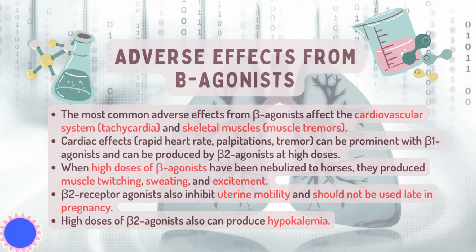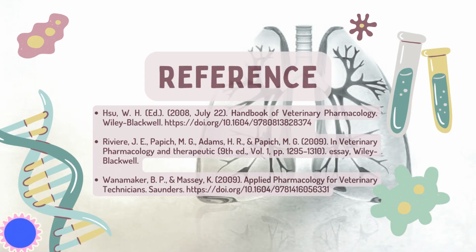When high doses of beta agonists have been nebulized to horses, they produce muscle twitching, sweating, and excitement. Beta-2 receptor agonists also inhibit uterine motility and should not be used late in pregnancy. High doses of beta-2 agonists also can produce hypokalemia.